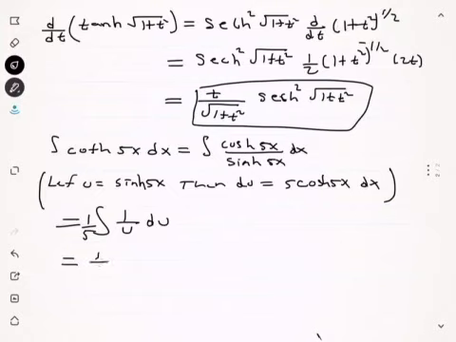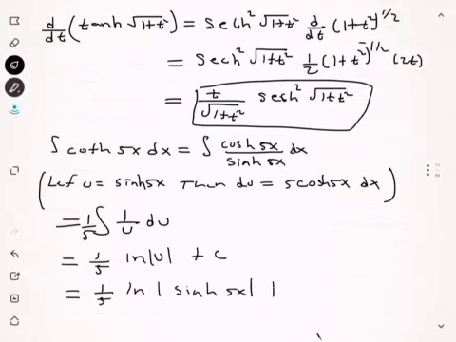Integrating that, we get 1/5 times the natural log of the absolute value of u plus c. And then we substitute u back, so we get 1/5 times the natural log of the absolute value of hyperbolic sine of 5x plus c.